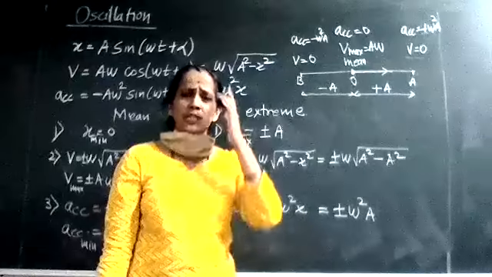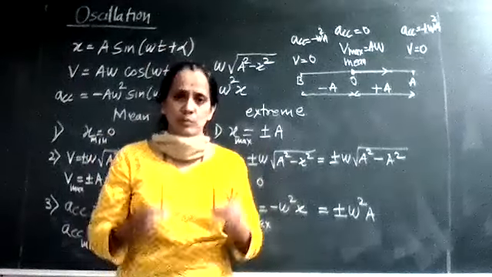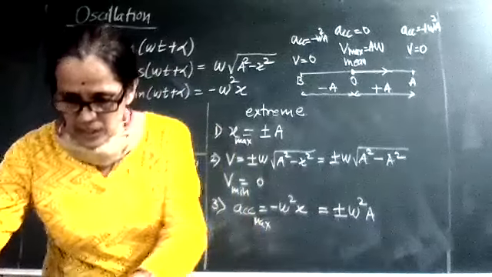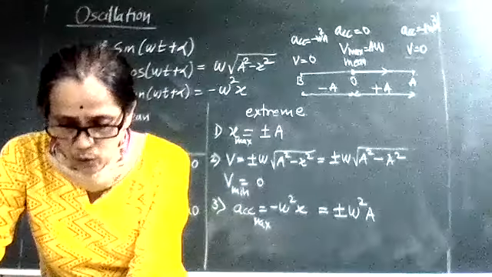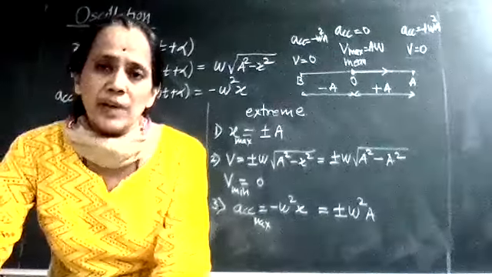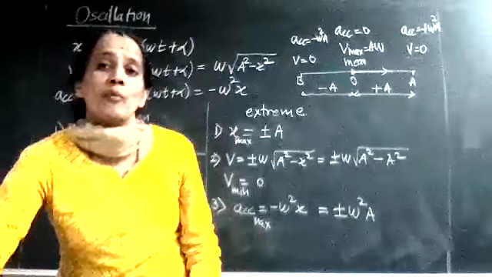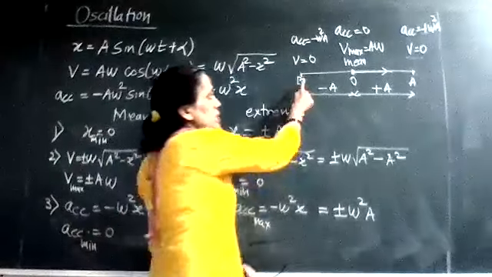So all these points are important for 1 mark questions as well as for your test questions. And the last question given: during which part of the oscillation are the two along the same direction? Two along the same direction means velocity is positive and displacement is also positive. When is that possible?